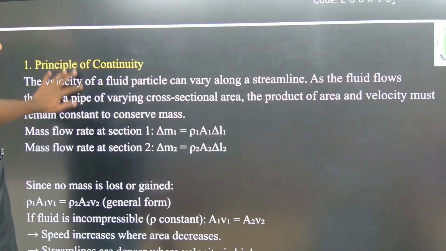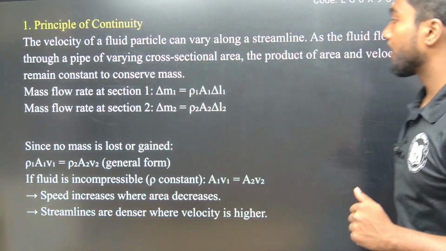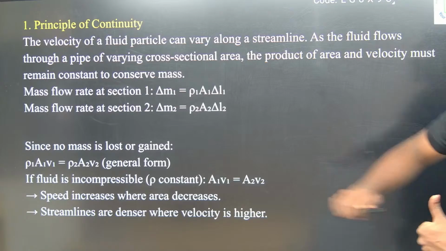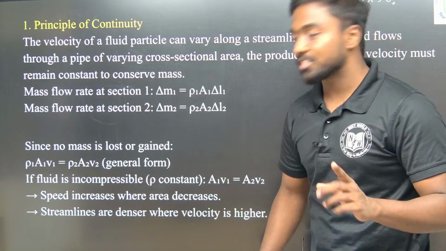Next is the principle of continuity. The velocity of a fluid particle can vary along a streamline as the fluid flows through a pipe of varying cross-sectional area. The product of area and velocity must remain constant. The principle of continuity says the mass flow rate at section 1 equals the mass flow rate at section 2.